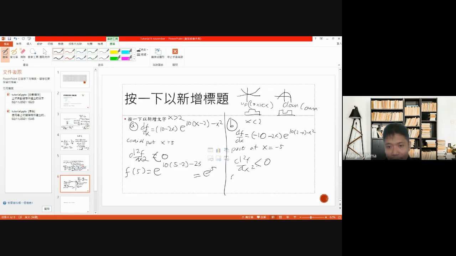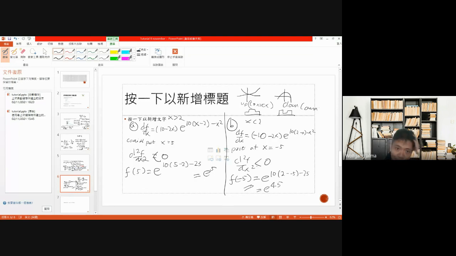While f(minus 5) will be e to the power of 10 times 2 minus 5 minus 25, so this one is 70, e to the power of 45. So we have the global maximum at minus 5.